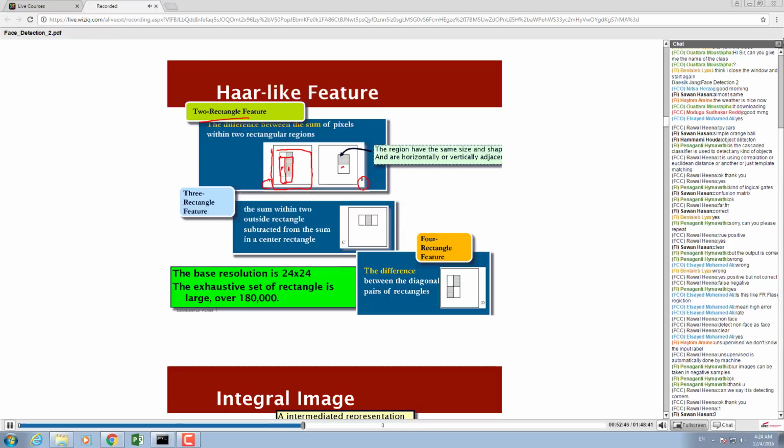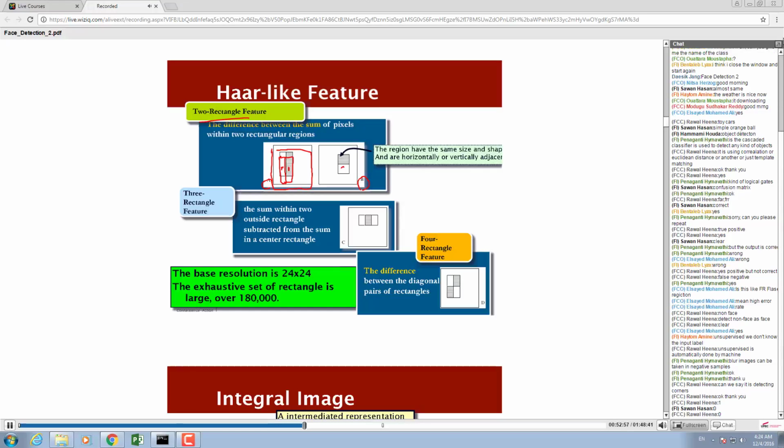So the sum of the white region and the sum of the black region are the same, whatever it is. It can be a very large number, but they are the same. Then subtracting two same values, regardless of the value itself, generates 0.